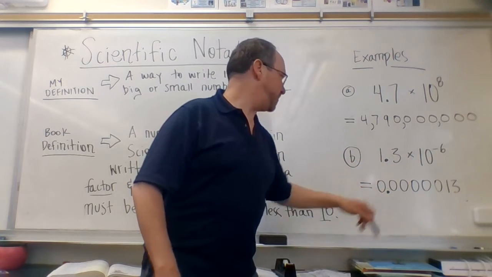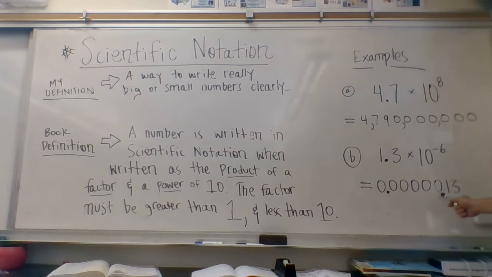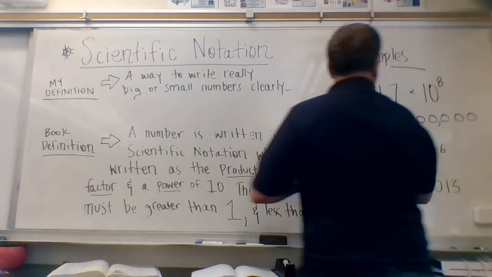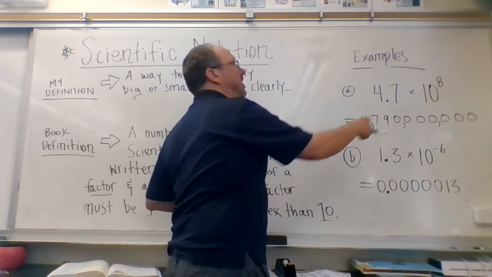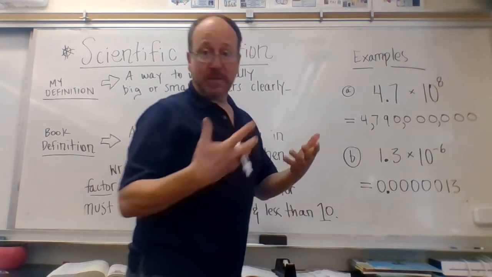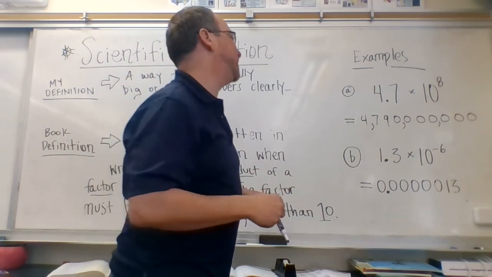It's that, which is what? Tens, hundreds, thousands, 10,000s, millions, 10 millions, 100 millions, 1,300 millionths. And you'll also see that the exponent with a base of 10 tells you where to move the decimal point.